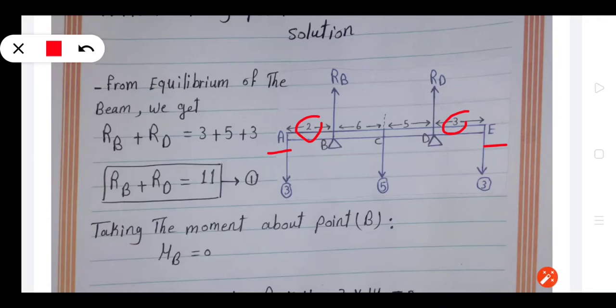Let the first support be B, with normal reaction RB, and the other support be D, with normal reaction RD. We have three weights: first, at the middle point C, equal to 5, and two weights equal to 3 at both ends, 3 and 3.